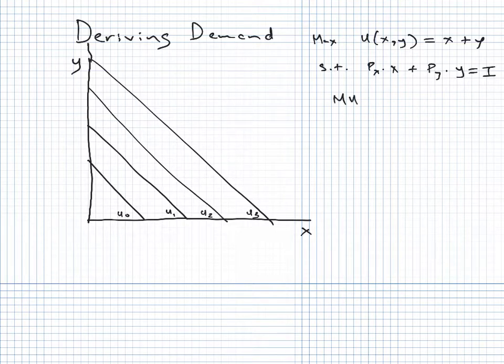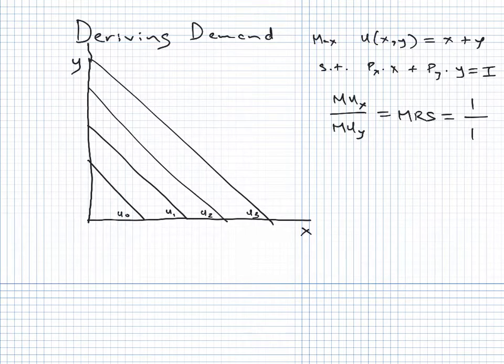And we know that the marginal rate of substitution is going to be MUX over MUY. And in our previous slide, we saw that the MUX and MUY values were the same. Those are both 1. So in absolute value, the slope for each and every one of these indifference curves is just going to be 1.